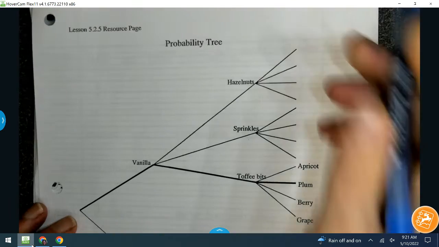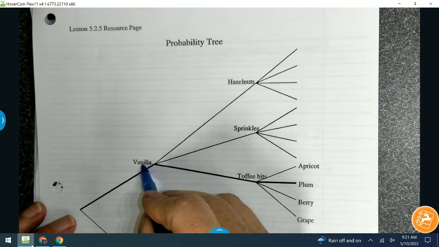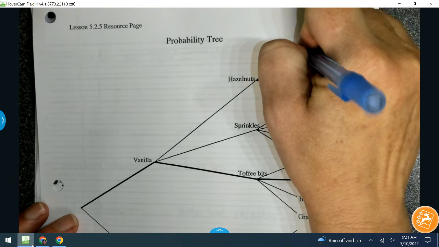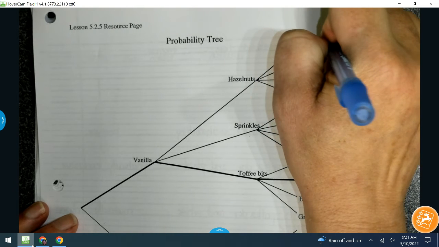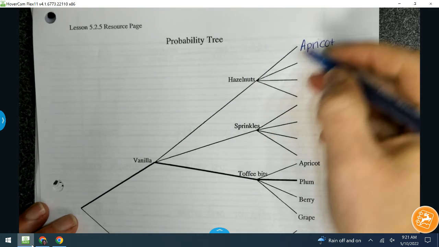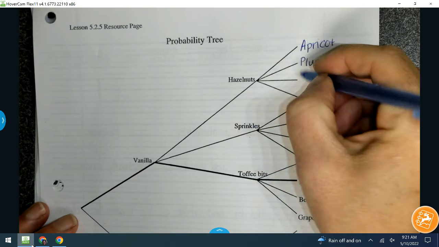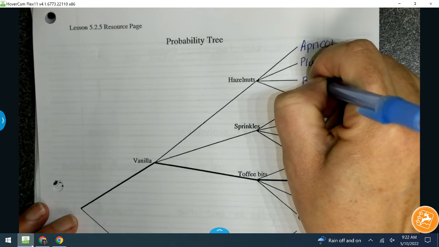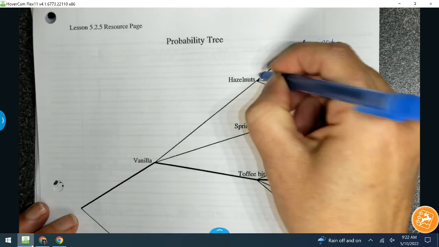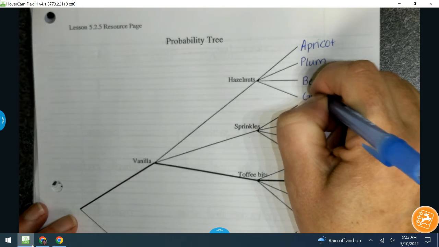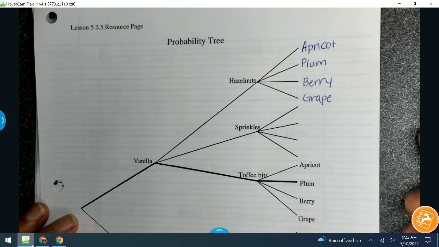So right, I can have vanilla, hazelnut, apricot, vanilla, hazelnut, plum, vanilla, hazelnut, berry, vanilla, hazelnut, grape.